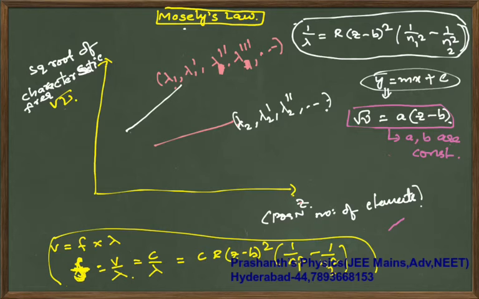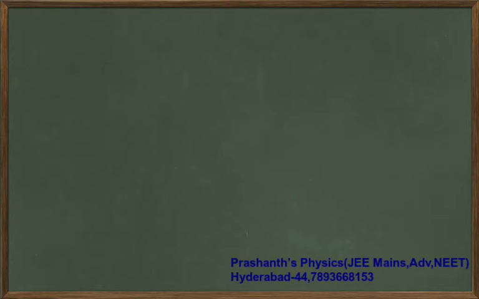So you have done your Moseley's law basic idea. It is giving a times (Z minus b). Now, the proof that your Moseley's law is correct. Now we are going to see the proof from Bohr's model of how Moseley's law is valid.